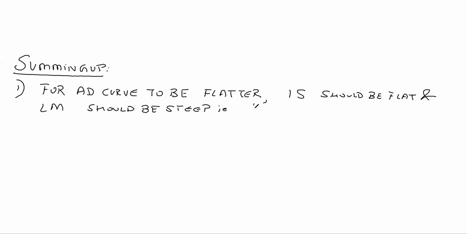That is, B and alpha G should be large and H and K should be small.